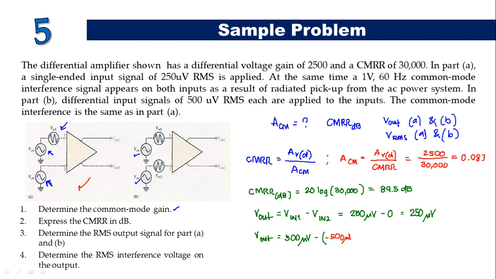Bakit? Kasi kung mapapansin natin, yung ating signal is inverted or out of phase. Therefore, dapat negative. So, ang sagot natin is magiging 1,000 microvolt. Or equal yan sa, ilan yan? 1 millivolt.